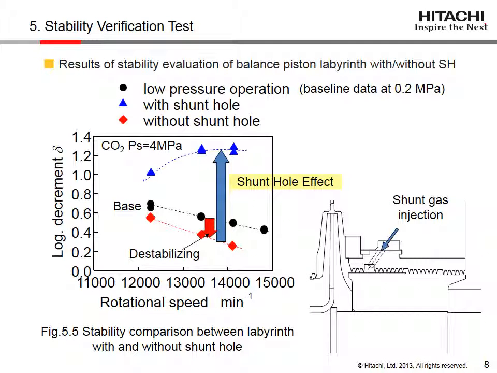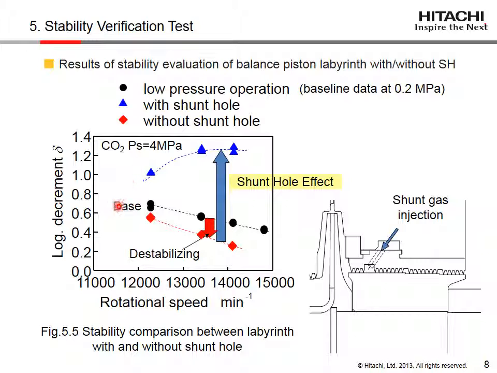Typical test results are shown in this figure. The stability comparison between the labyrinth with and without shunt hole. This is the rotational speed versus log decrement. The baseline stability test is a low pressure operation, at a pressure of 0.2 MPa and without shunt hole.